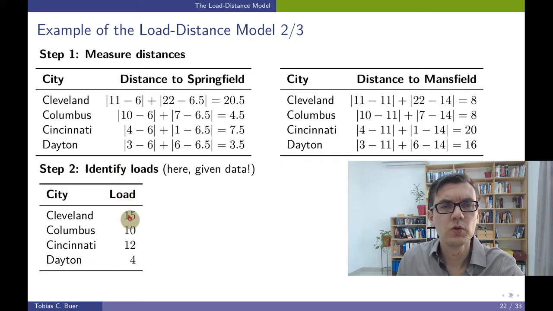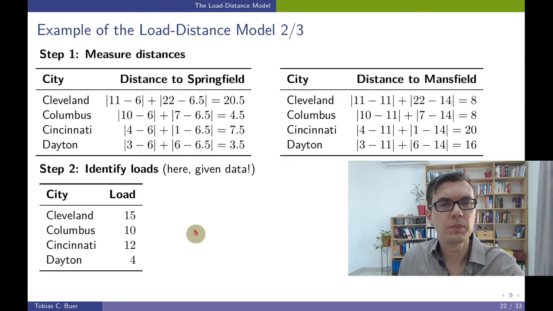Step number 2, we identify the loads. Cleveland needs 15 units, Columbus 10, Cincinnati 12, Dayton 4, and these numbers have been given in the text of the exercise. We did not calculate them.